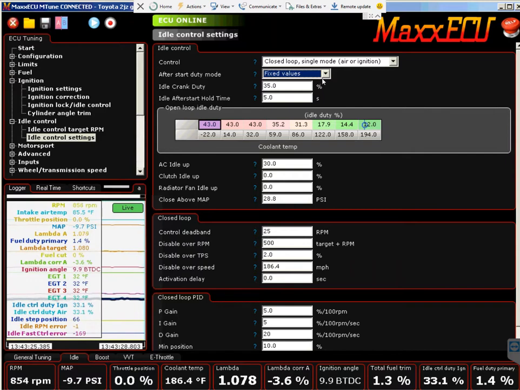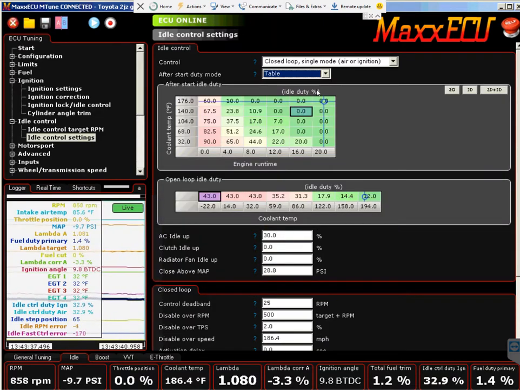I guess my only question about the fixed values there, the idle crank and the hold time after idle, well, the hold time after idle shouldn't, if you're in the other one, not fixed values, if you're in tables, it's a table. You've got time at the bottom and how it ramps down. You don't have a fixed time. Right. But this is after the engine starts. Right.